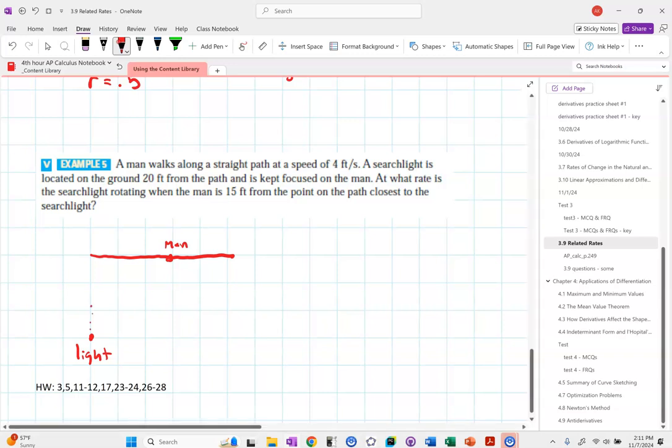So let's call this X, Y, and R. Everybody cool with that? Looks like a triangle. It says a man walks along a straight path at a speed of 4 feet per second. What is that telling us?